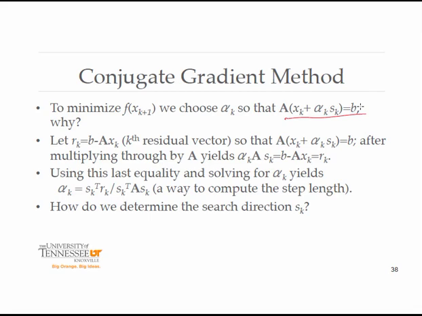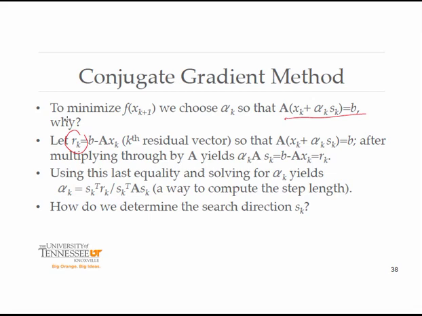So let's suppose we define the difference between A times x_k and b, or in this case b minus A x_k, equal to r_k. Now, if r_k is equal to 0, we're done, right? Because then x_k would solve the linear system, and in fact, it would also minimize the function f, as we defined earlier. We're going to call it the kth residual vector.